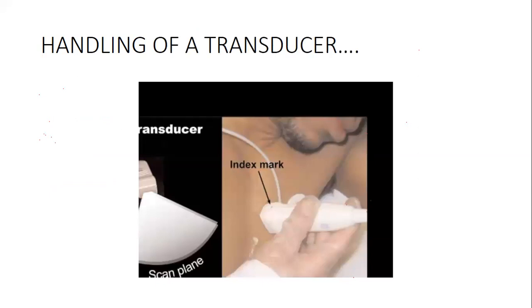So when you're handling the transducer, you have your index there. This is the pointer of the index. The reason why I'm showing this position is because this is the first position where you pick the views. So you let your patient remain in that position, and then orient your heart. Once you put the patient in left lateral decubitus, the heart is in the longitudinal plane.